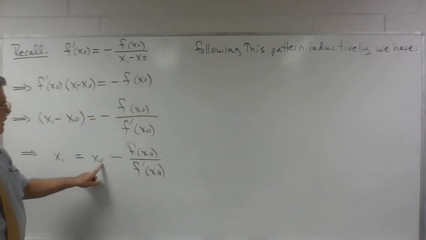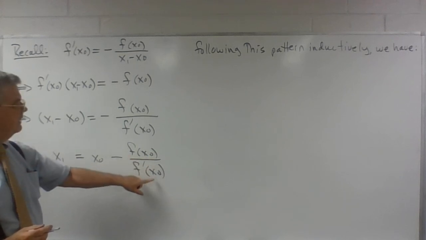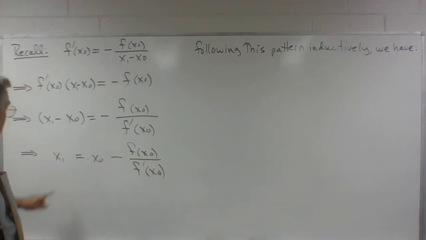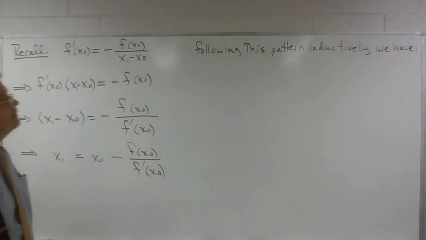So let's say we do this in terms of x of n instead of x0. Then this will be f of x of n. This will be x of n plus 1.